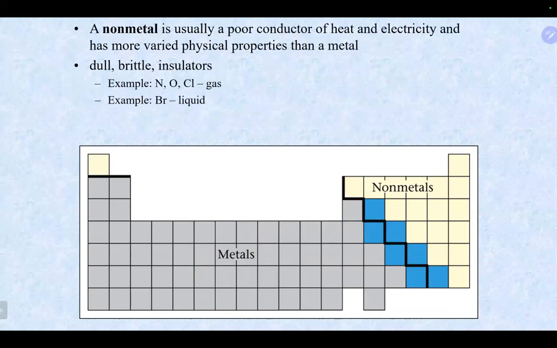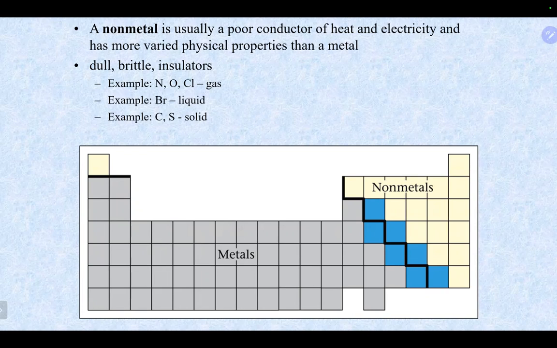Nonmetals are kind of opposite of the metal characteristics. They're poor conductors of heat and electricity. They're dull, they're brittle. And unlike metals, nonmetals have a wide variety of states. So some come as gases, some come as liquids, some come as solids.